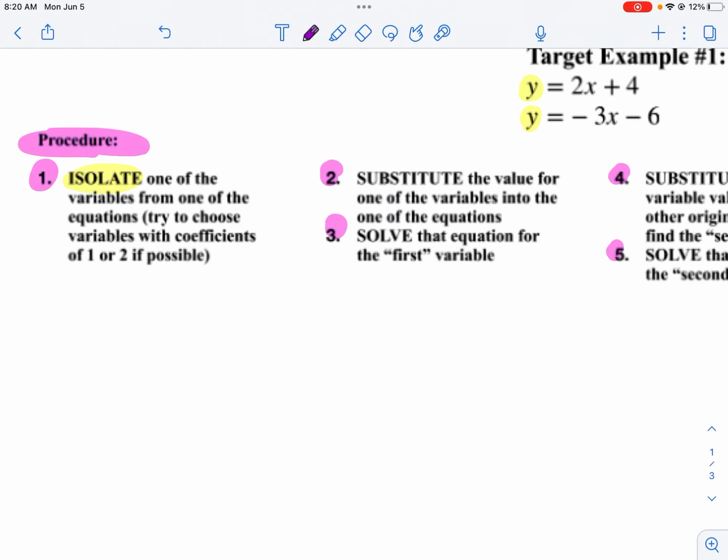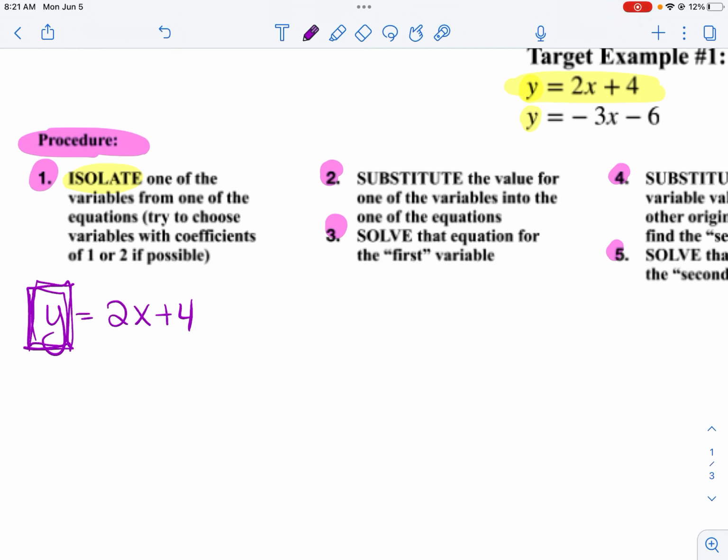So I'm just going to take the top equation and say, all right, that's the one where I have isolated the y. And I like to, when I'm doing this, put a box around the variable that I'm isolating because, hey, I know y equals 2x plus 4. And in a second, when we substitute, we want to make sure we're replacing that same variable, okay?